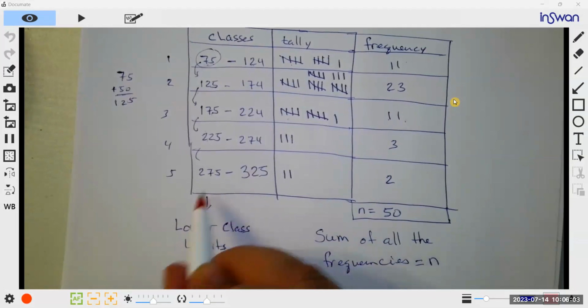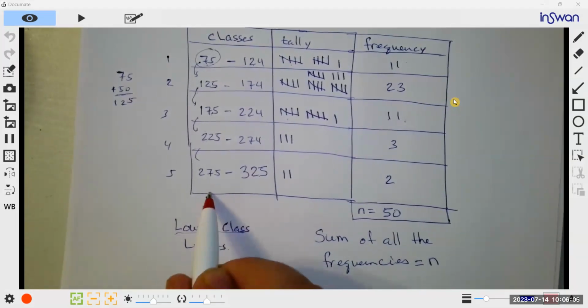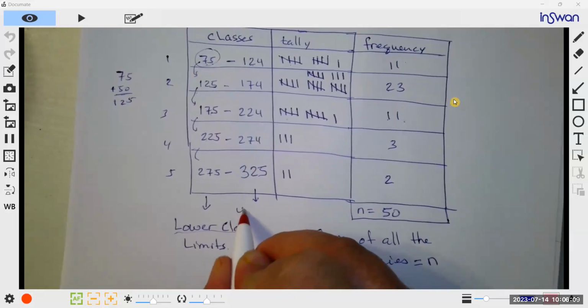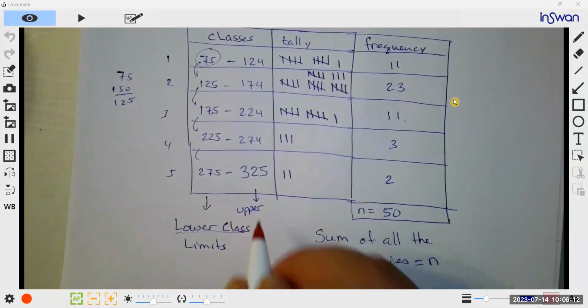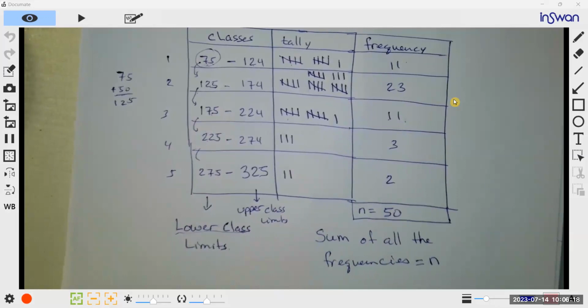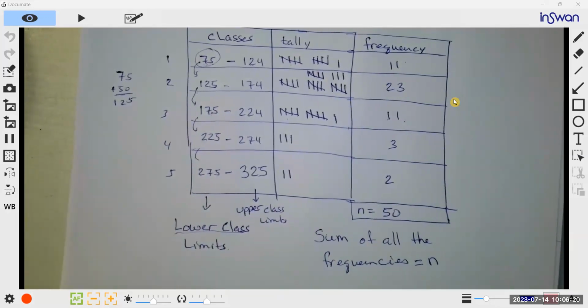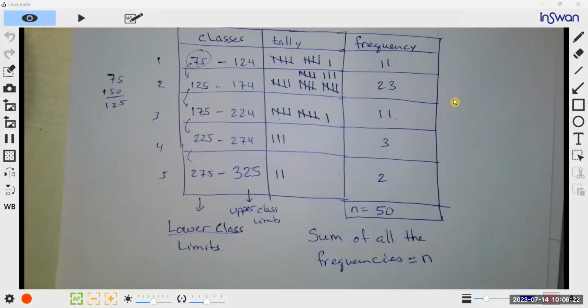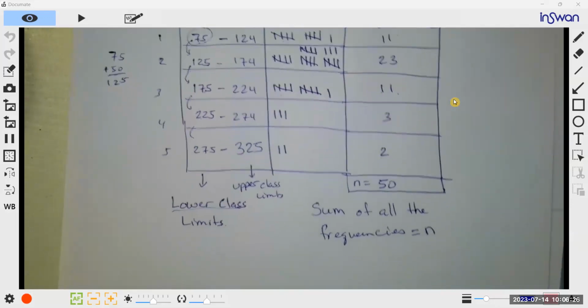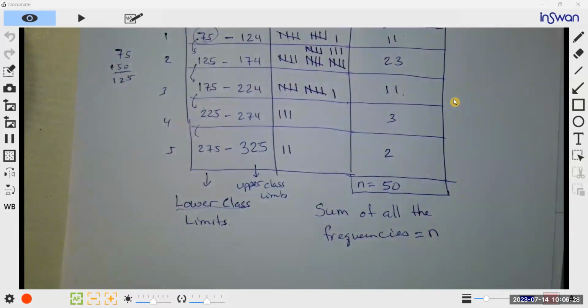So here, let's go back here. Here we have our lower class limits. That means these would be the upper class limits. We have a couple more terms with this.